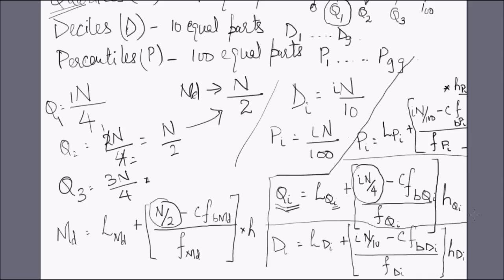So let's solve a problem based on this, and we don't really need to worry about it because the treatment is very similar to that of median. Once we have learned the median, this is just a matter of solving a few questions.